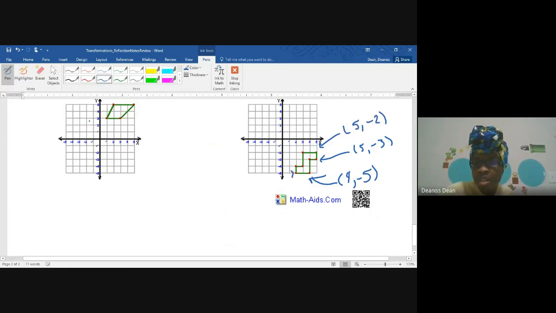I'll go over here to these two in this corner on the left side. That's going to be 2, -5, 2, -4. And then this one right here is going to be 3, -2.